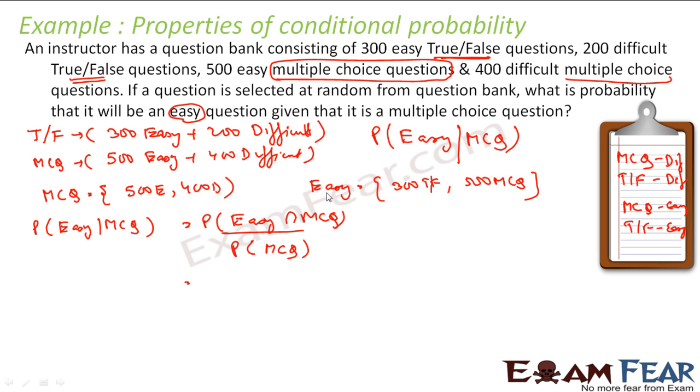So if you find the intersection of easy and MCQ, you see that this guy has 500 MCQ questions, right? And 500 easy MCQ questions. So this is nothing but 500 easy MCQ questions, and this is also 500 easy MCQ, right? So this and this are common. Correct?